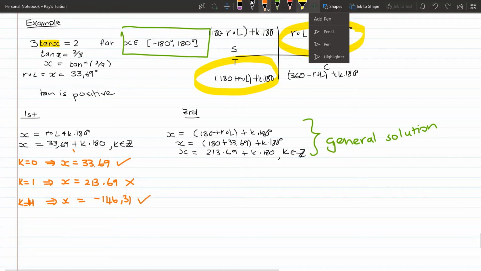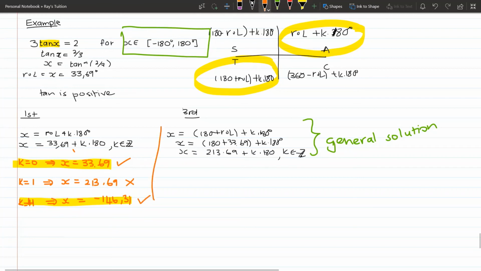So the specific solutions for the first one that lie in that interval are when k is equal to 0 and when k is equal to minus 1. Then our answers are 33.69 and minus 146.31. Now let's do it for the third quadrant. When k is equal to 0, we get that x is equal to 213.69, which is not in the interval that they asked us for.